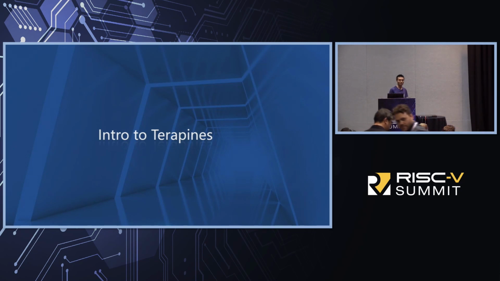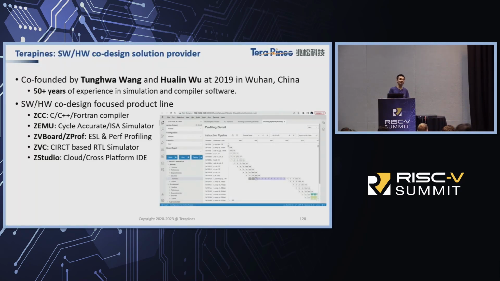Because we are a startup, let me introduce Terapines to you. Terapines was founded by the VP of software of Andes and me in 2019 in Wuhan. We have 15-plus years of experience in simulation and compiler software.